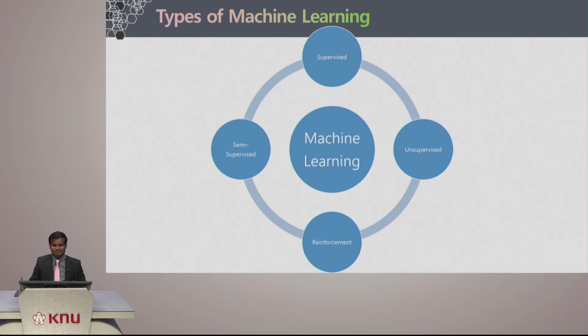Then comes semi-supervised learning. These 3, supervised, unsupervised, semi-supervised, are interrelated and can be easily understood. As you can see, the word supervised is there. We will see what it is by definition, and later we will also examine what reinforcement learning is.